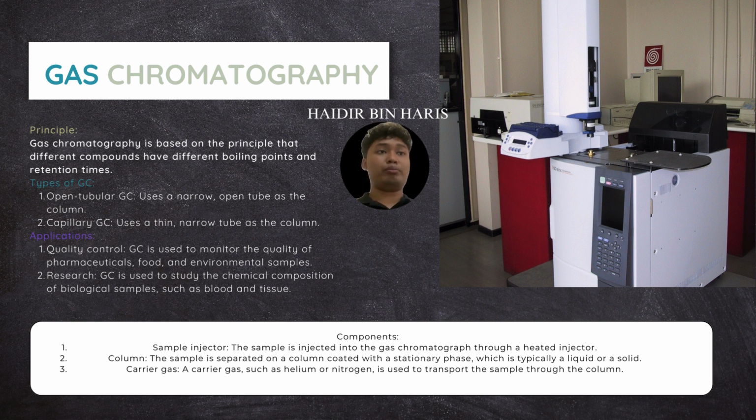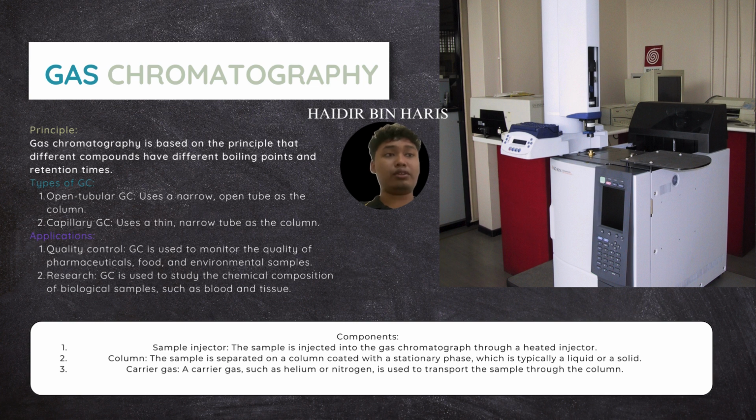There are two main types of GC: open tubular, which uses a narrow open tube as the column, and capillary, which uses a thin, narrow tube as the column. Gas chromatography is widely used in various fields, including quality control, research, and environmental monitoring.